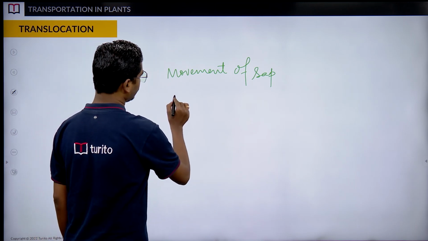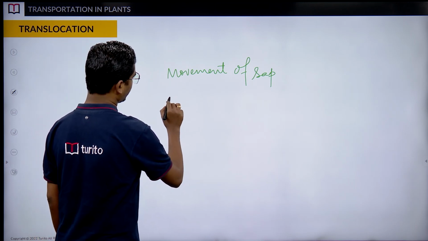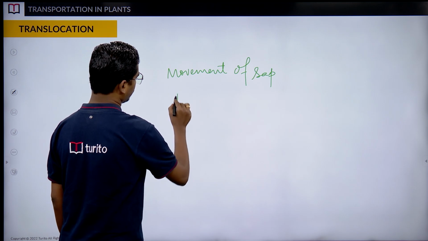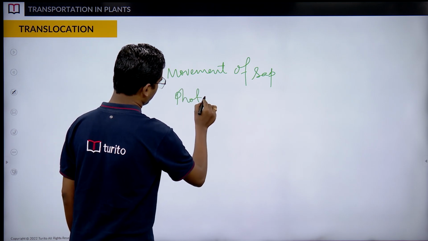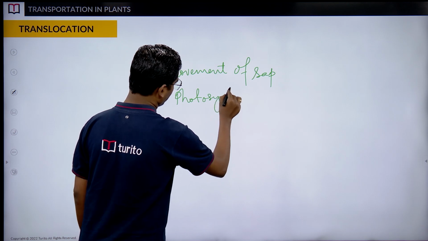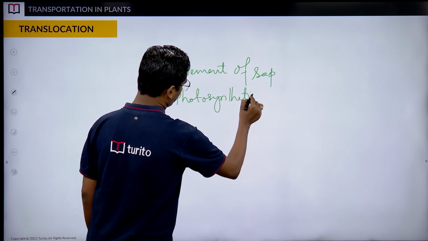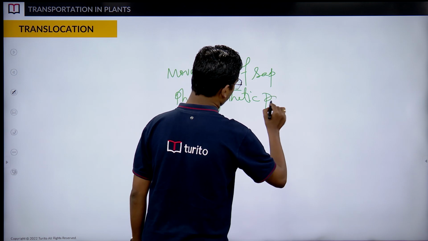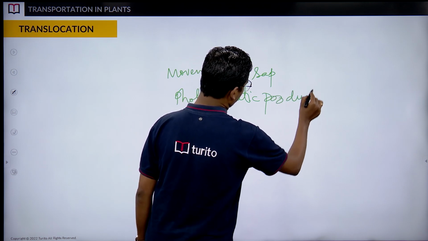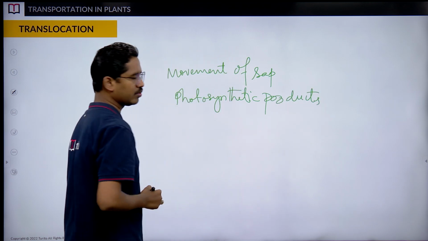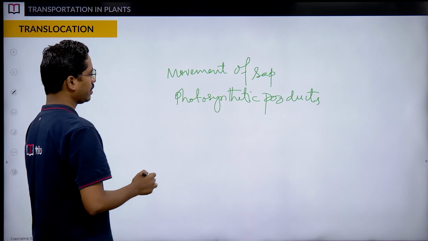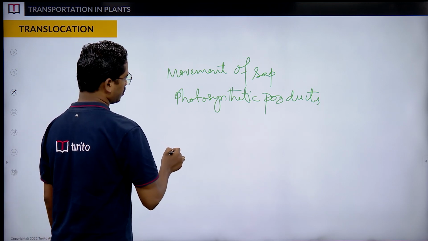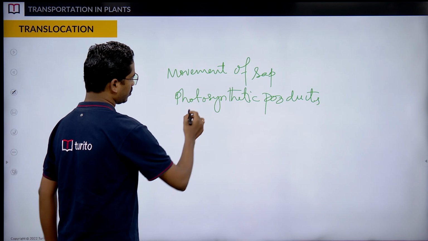Some say it is the movement of photosynthetic products. Some say it is the movement of photosynthetic products, correct. And you see, it is not only about this movement of sap or something.